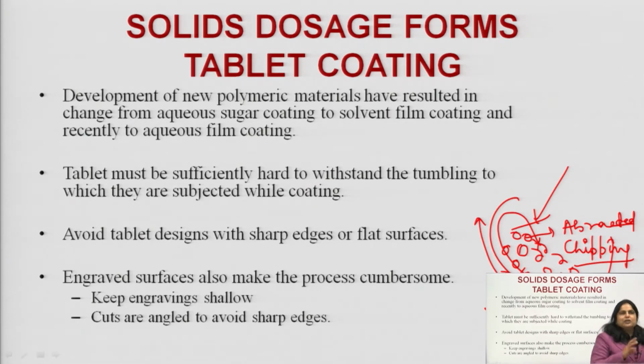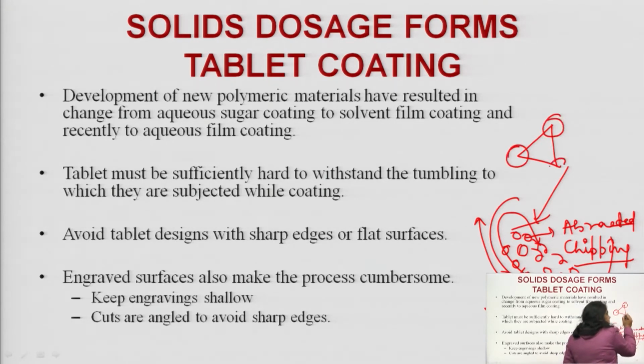So, we should keep in mind that the tablet must have sufficient hardness to withstand the tumbling effect when it is subjected to a coating pan. We should also avoid tablet designs which have sharp edges. For example, if we have a tablet in a triangular shape, because of this tumbling effect, these edges will be broken down.